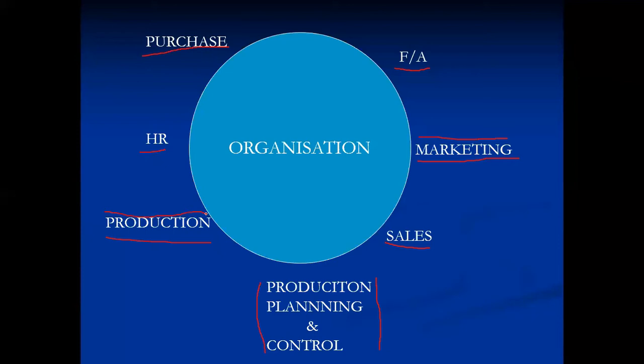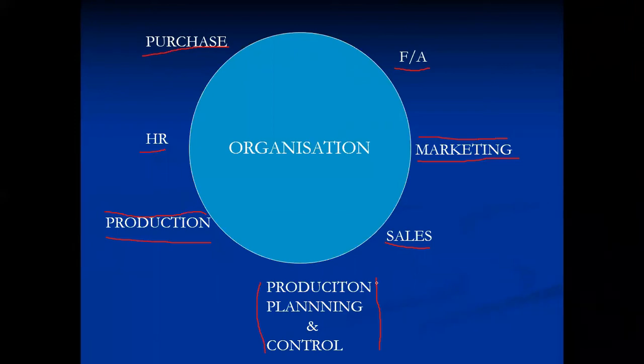For example, take the production planning and control department. Its main daily function is to prepare the production schedule. Production schedule means chalking out a plan of when to start the production, in how much quantity the product has to be produced, and by which date the production has to be completed. This is called the production schedule.